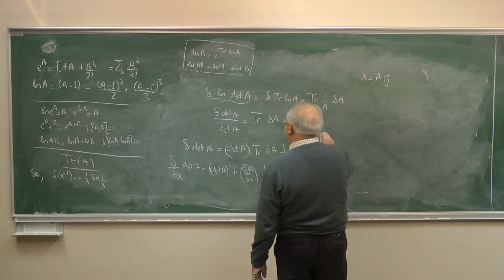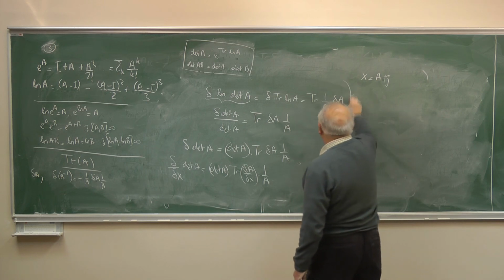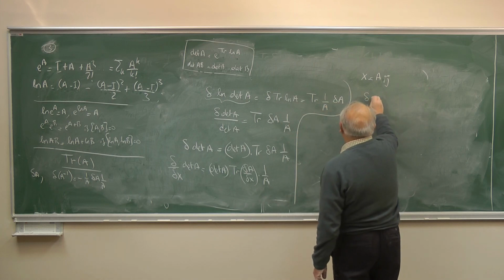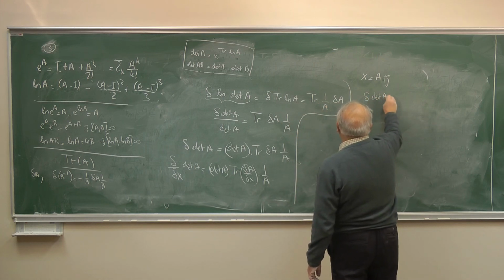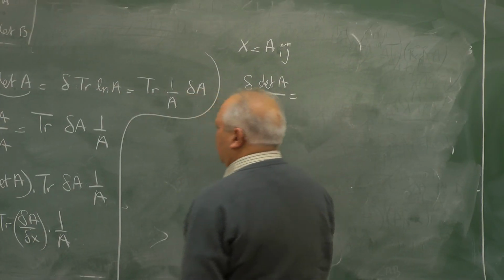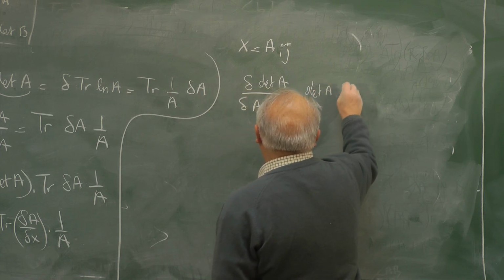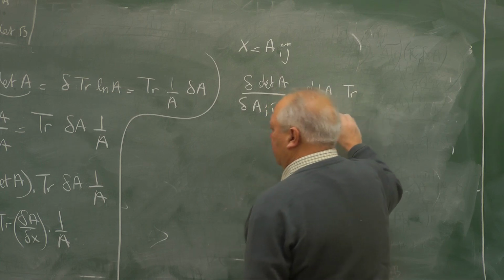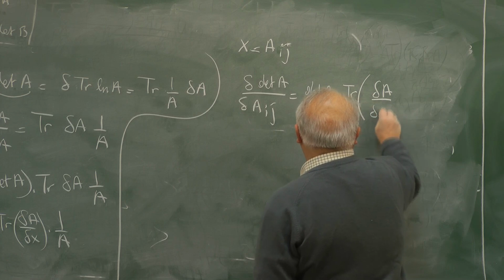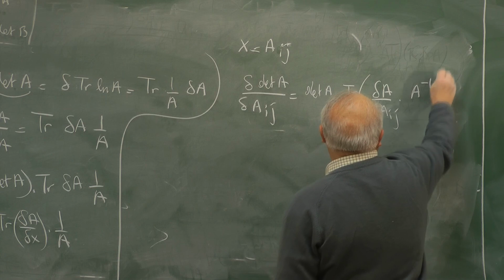So delta determinant A over delta aij is equal to determinant A, and then under the trace delta A over delta aij times A minus 1.